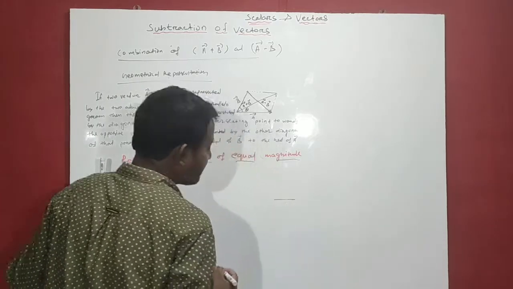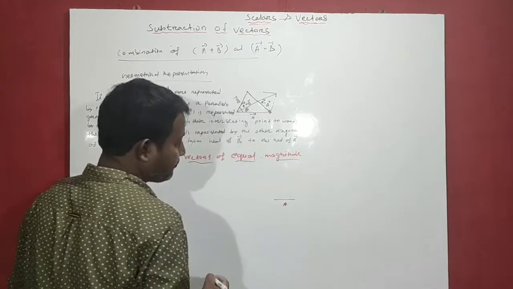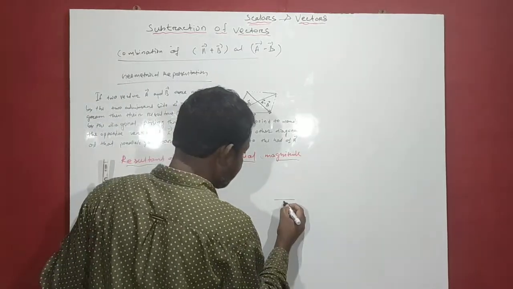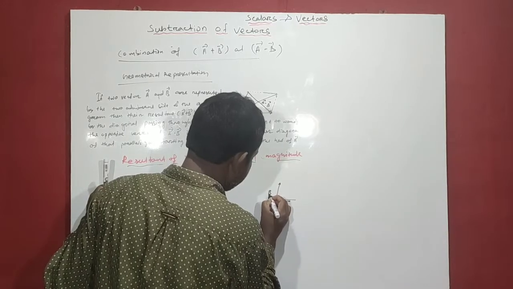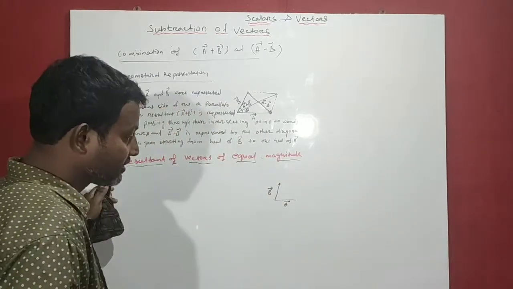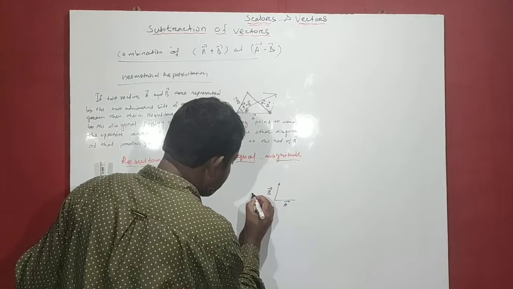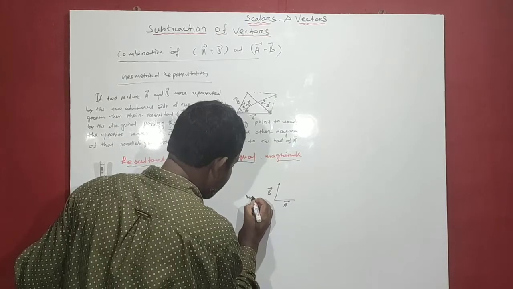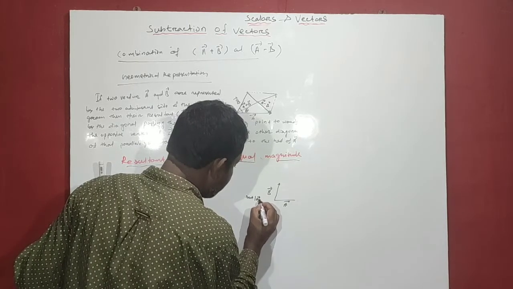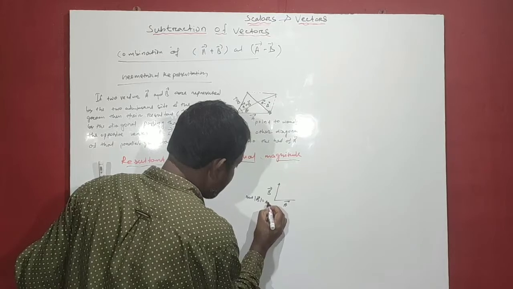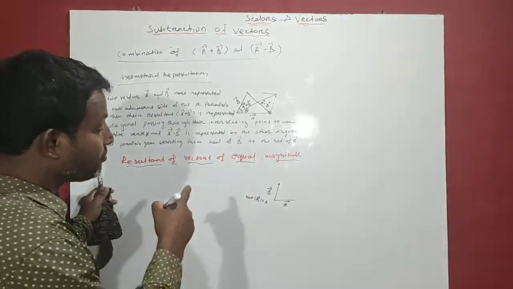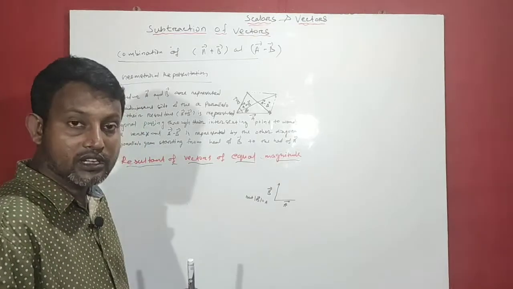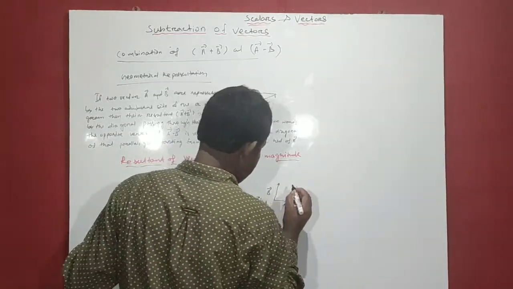Let this be the A vector and this be the B vector, but the magnitude of B is equal to the magnitude of A.